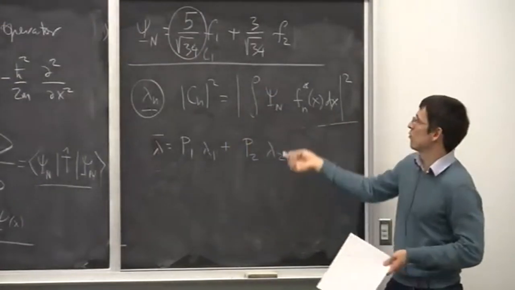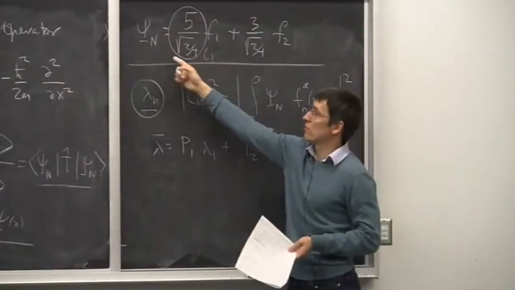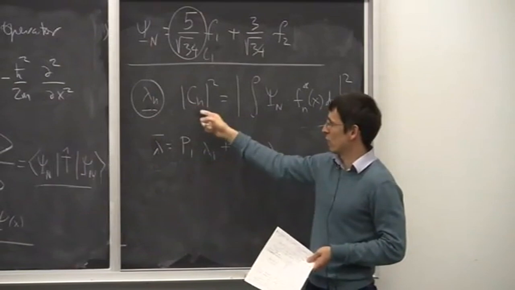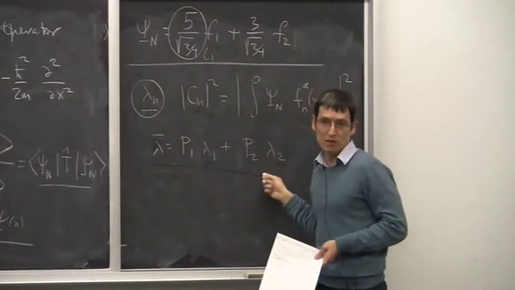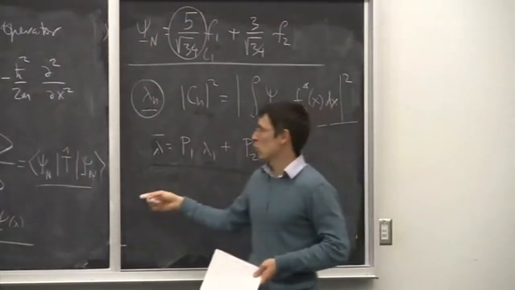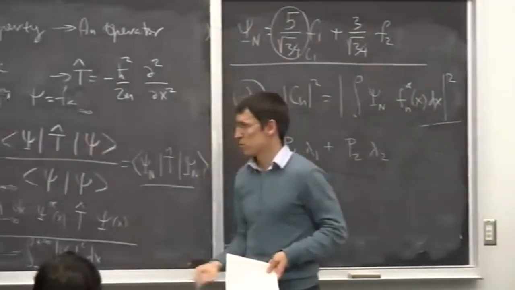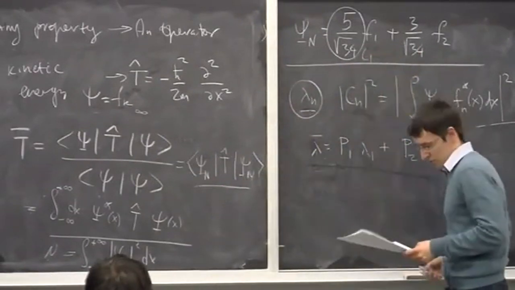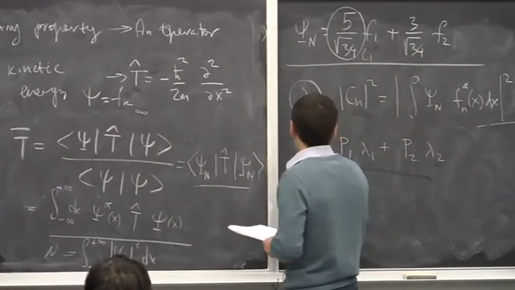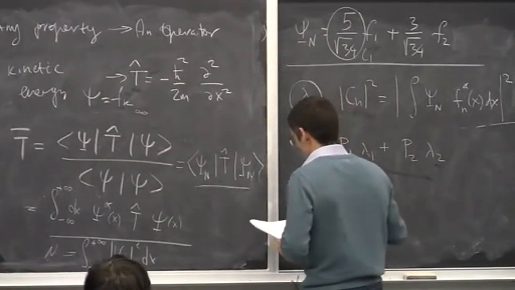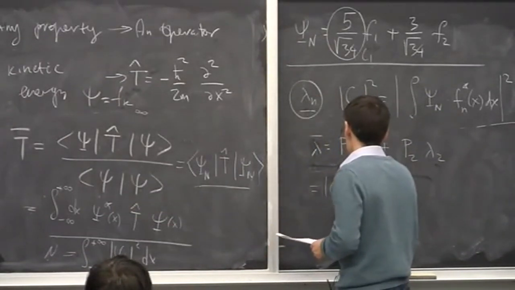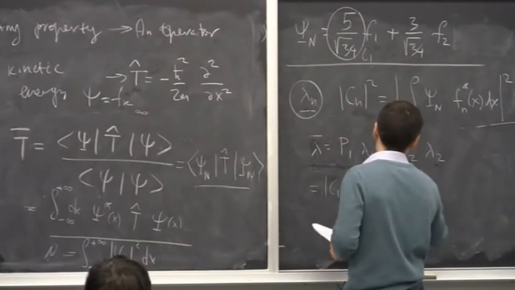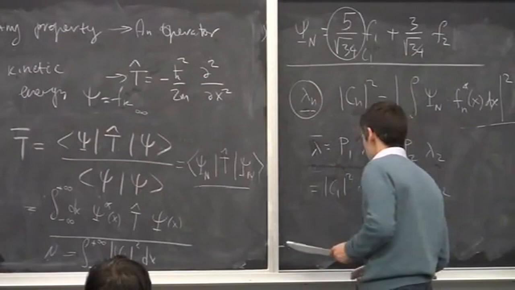This kind of makes sense. If the only two results out of this wave function you can have are lambda 1 and lambda 2, and probabilities p1 and p2 are coming from the coefficients, that's the average, right? So now I will show you that this average is the same as this average if you put in the original function instead of psi. So why is that? Because p1 is c1 squared, lambda 1, plus p2 is c2 squared, lambda 2, right?